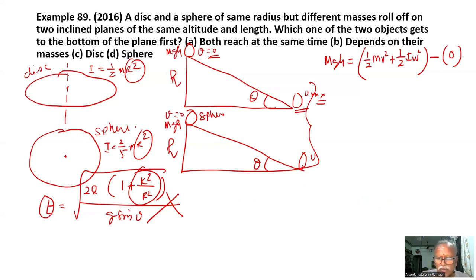So velocity is different; that's why we cannot substitute v by r for omega.